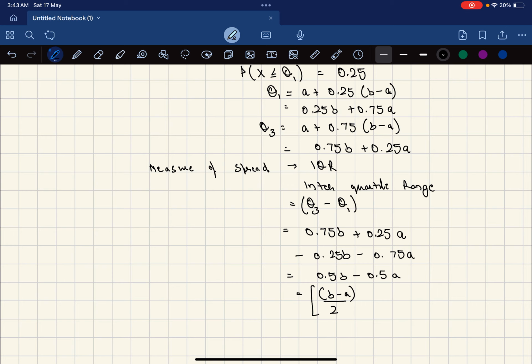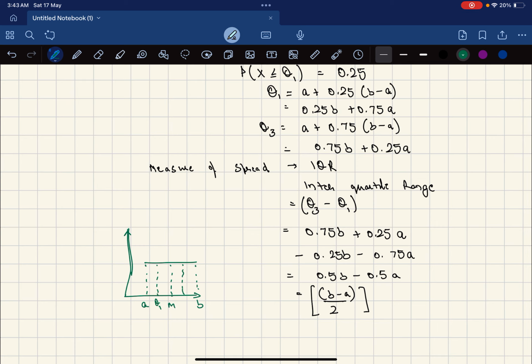So for a uniform distribution, if we look at the graph, this is the uniform distribution from A to B. The middle value, median, would lie here. The Q1 value would lie here.